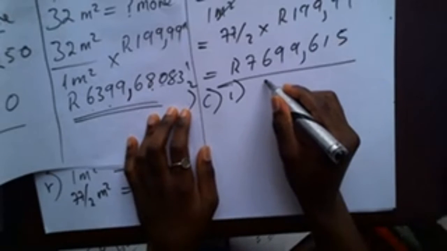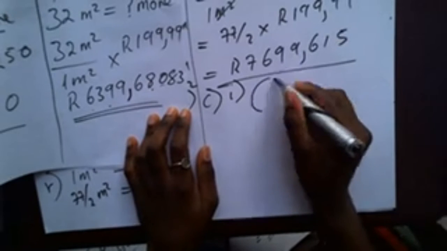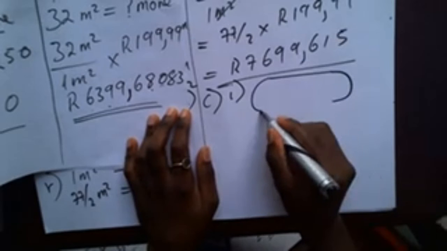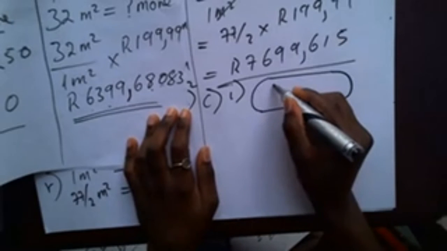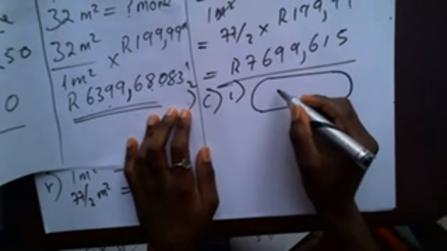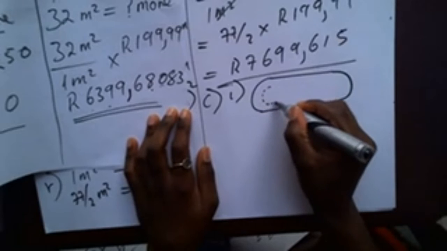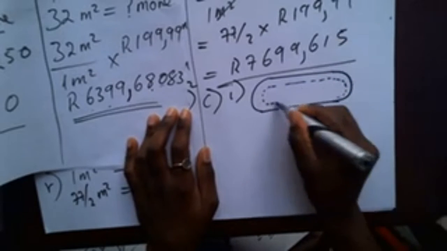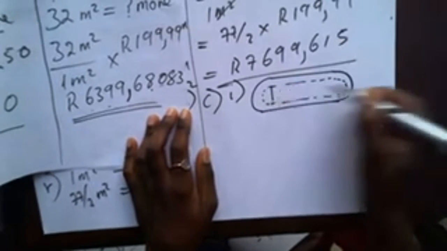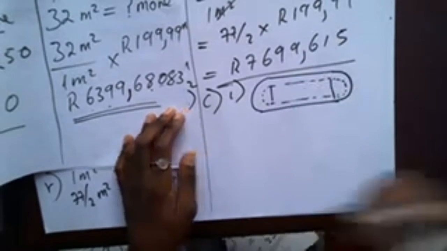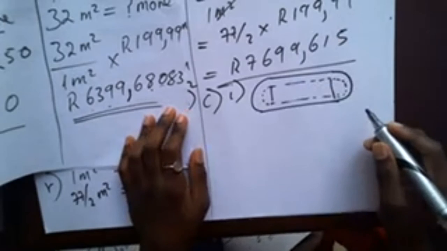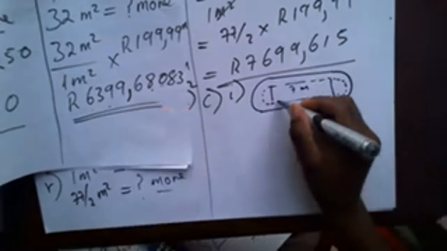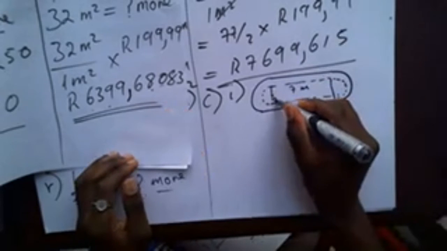As you can see, we have something that looks like this, and then we have something inside it that is like this. So this is the situation we have. We are told this is 7 and this is 2 meters.